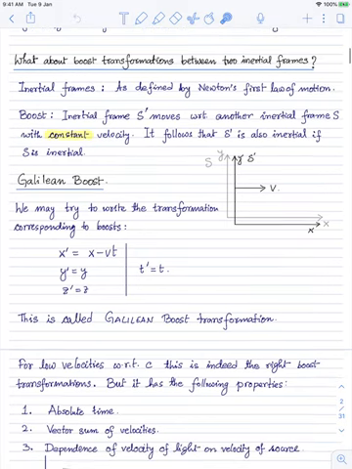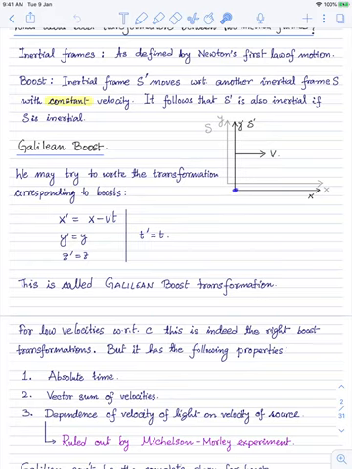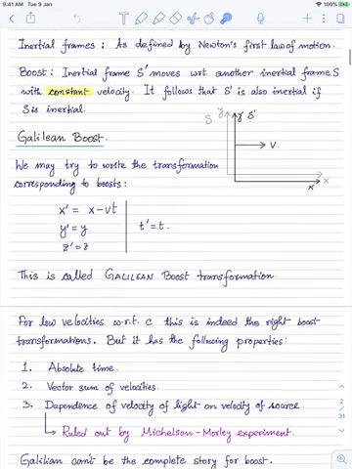Now, as I said, if you try to draw from experience, let's say you are looking at a particular point which you can call the origin. If you are in frame S, you will see that the origin of S prime is moving with some velocity v. And this is true not only about the origin, it's true about any point. Let us say that at time t equal to 0, the origins of space and time for both frames S and S prime coincide.